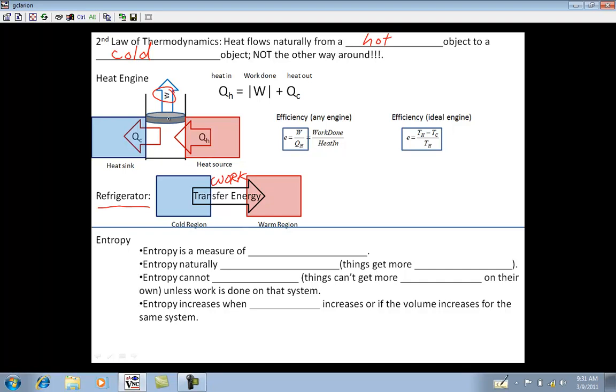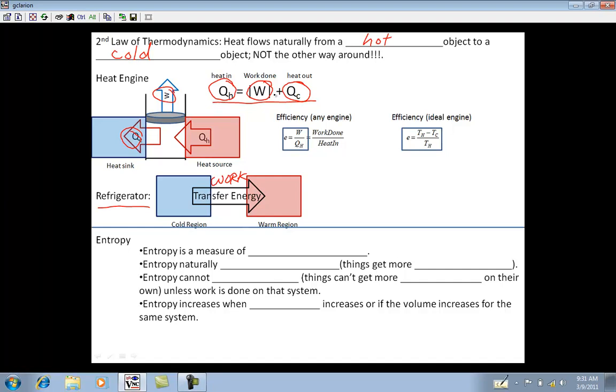Because not all systems work perfectly, we always lose some heat to what we call the heat sink. So generally speaking, the equation for heat engines is that the heat that you put in is equal to the work done plus any heat that you lose.